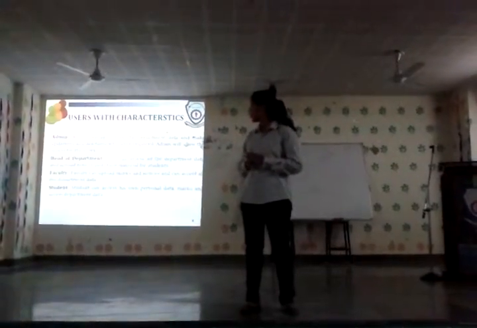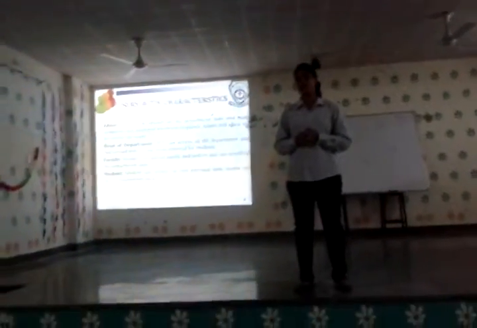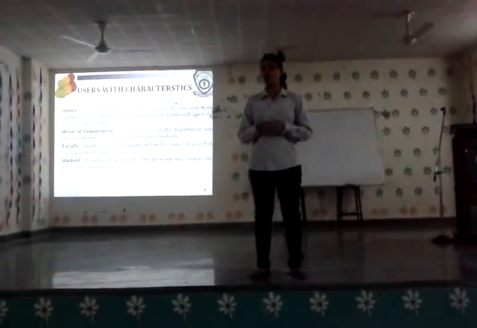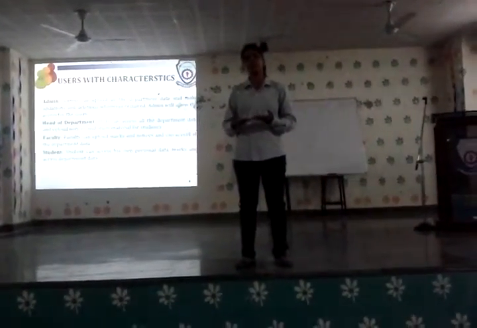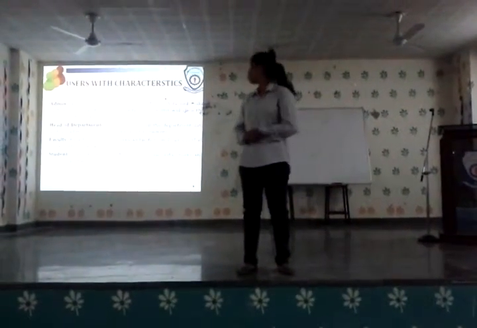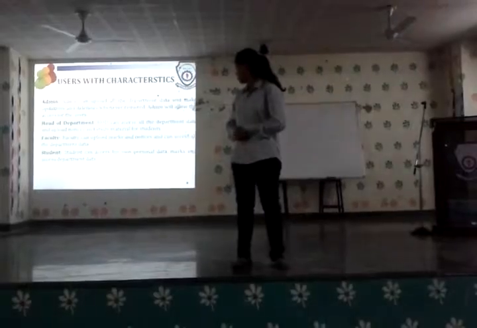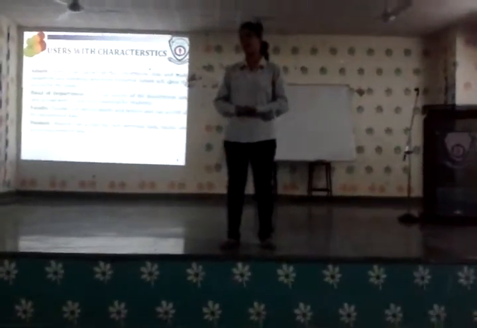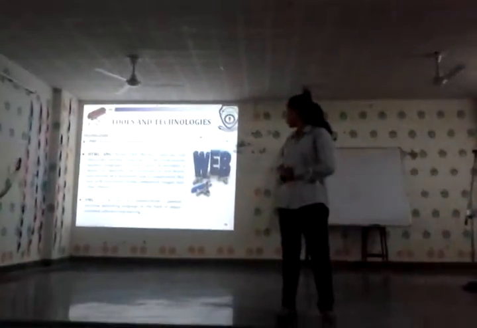Second is HOD, the head of the department. Our college has many departments, and each department has an HOD. So HODs have the capability to get any information of the student or insert any type of information for that student.